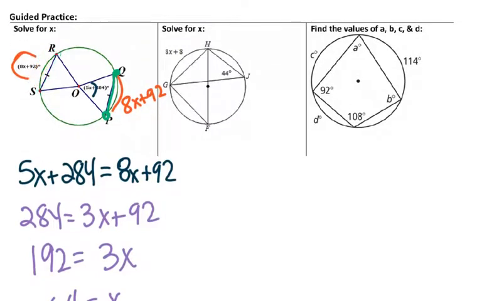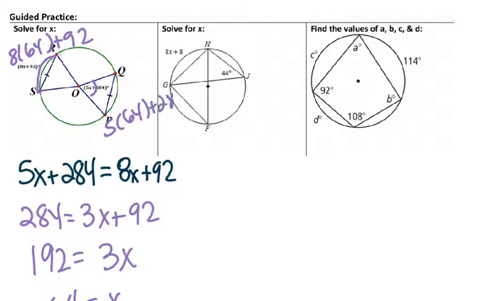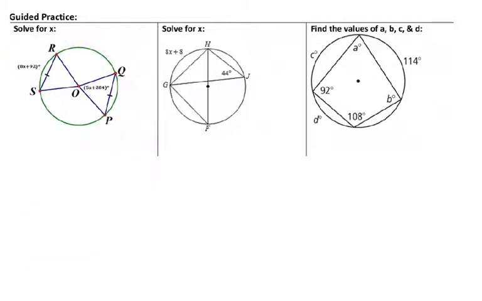Now if I go back and plug this in, if I take 8 times 64 plus 92, that should be the same thing as 5 times 64 plus 284.